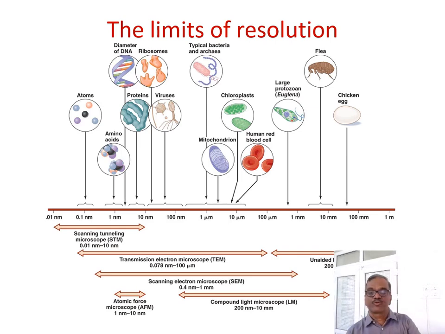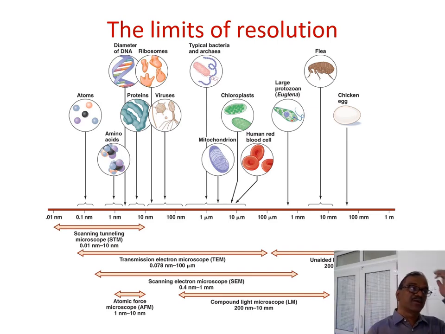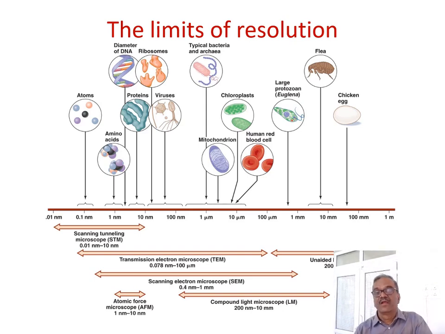Then the large protozoan euglena is near 1 millimeter, or it may be 500 to 600 micron. If you want to see different insects, it is more than 10 millimeter. If it is a grasshopper or locust or some other big insect, it may be more.